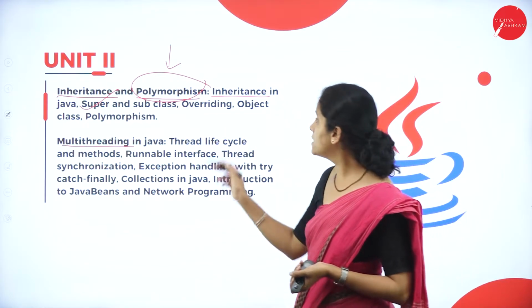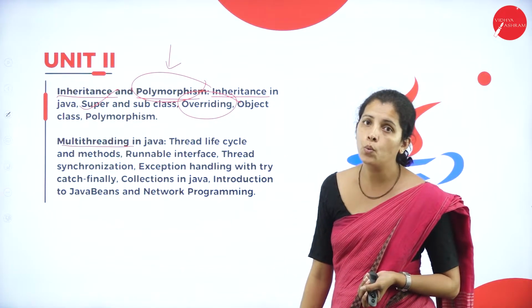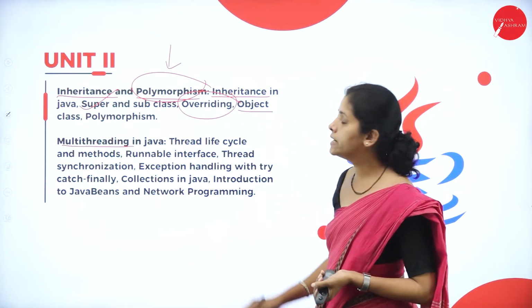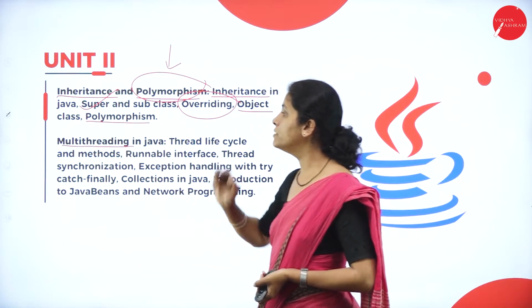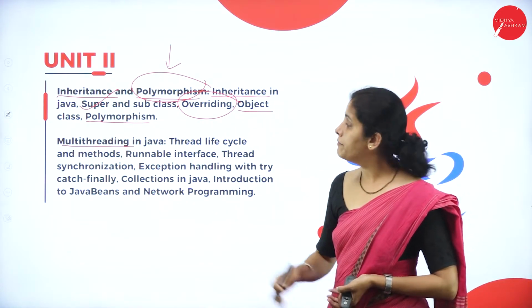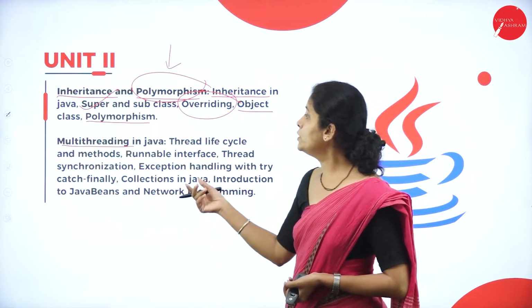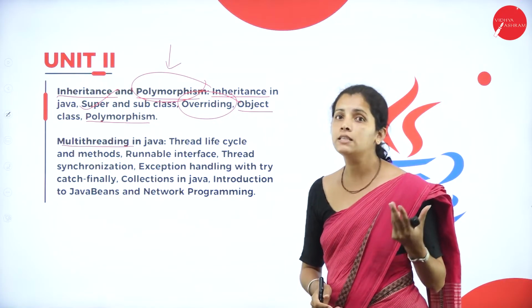Along with that, we are going to study what is method overriding. Along with that, we are going to study object classes as well as polymorphism. Now, if I consider the second chapter, here I'm going to study multi-threading. So, what is a thread here?